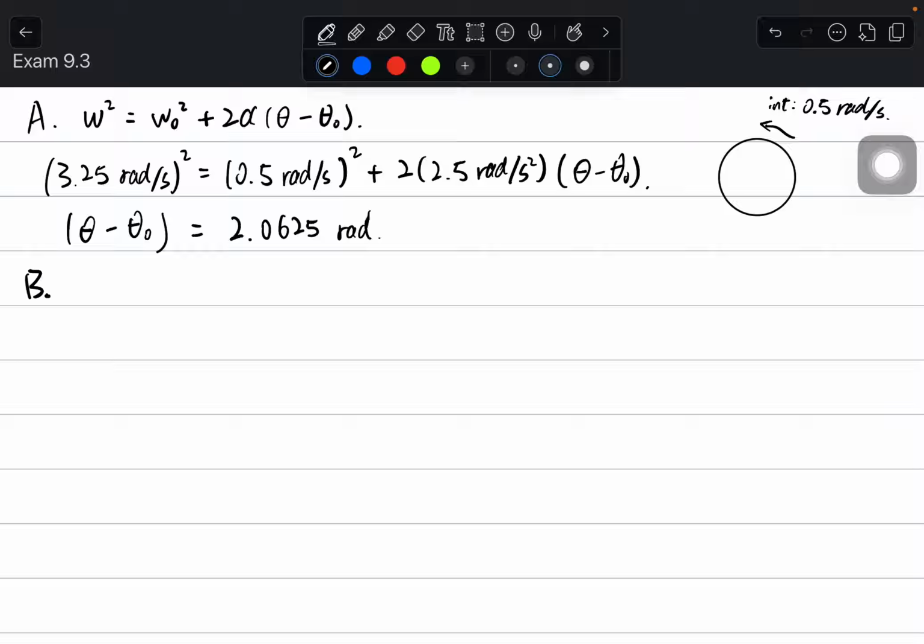And for part B, it asks for the angle in degrees.